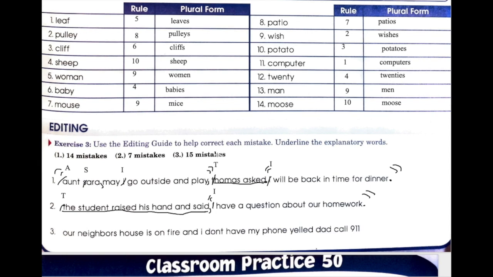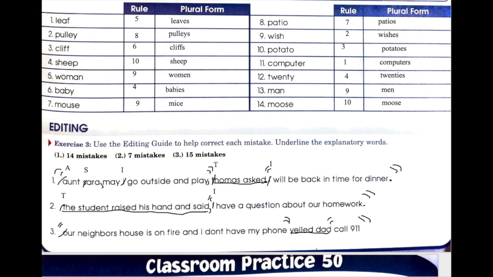Number 3. Our neighbor's house is on fire and I don't have my phone, yelled Dad. Call 911. Okay, we have explanatory words in the middle. Yelled Dad. Let's put our quotation marks around everything that's being said before and after the explanatory words.